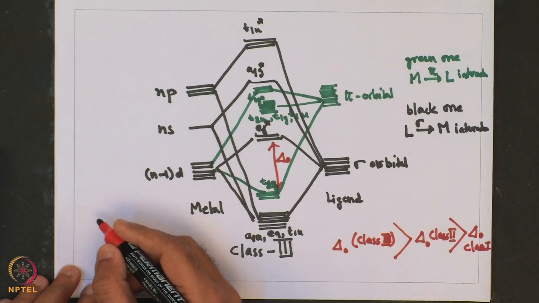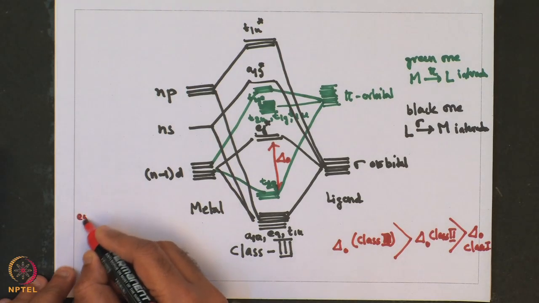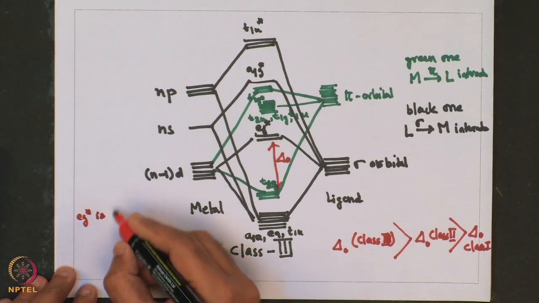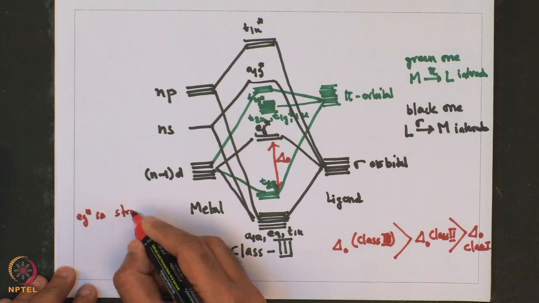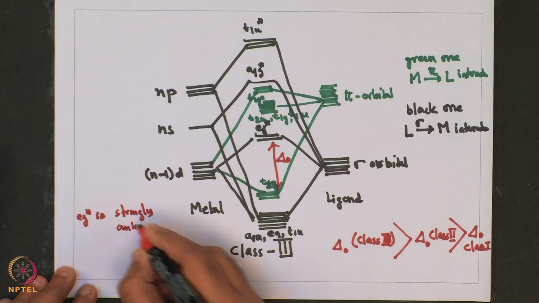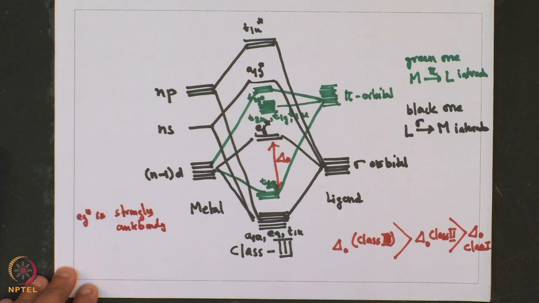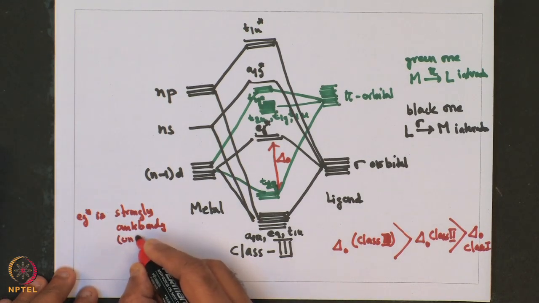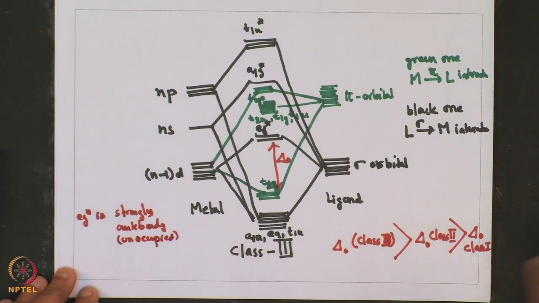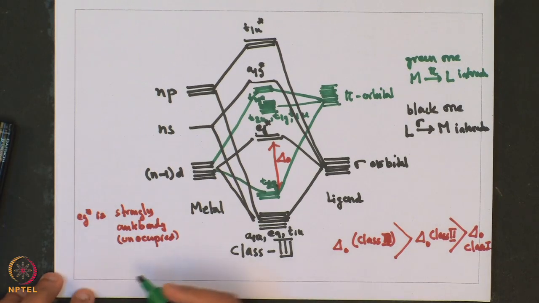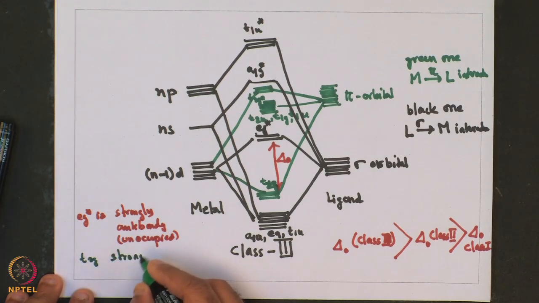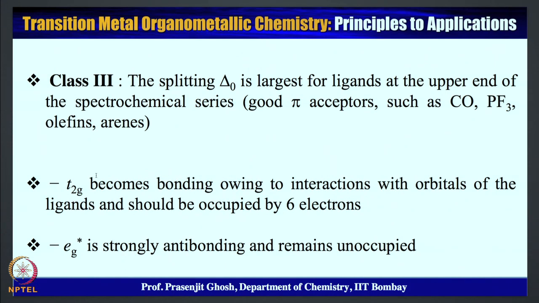As a result, Eg star is strongly antibonding and unoccupied, whereas T2G is strongly bonding and always occupied with 6 electrons.